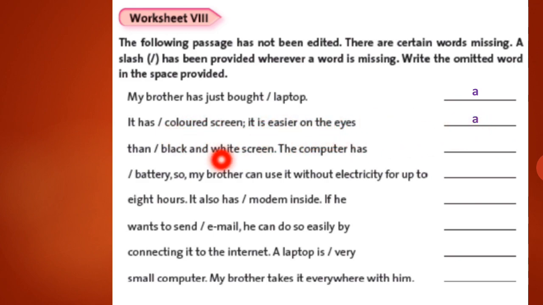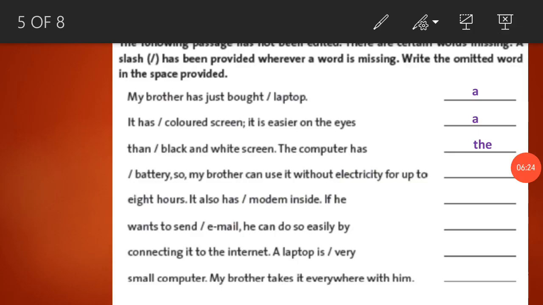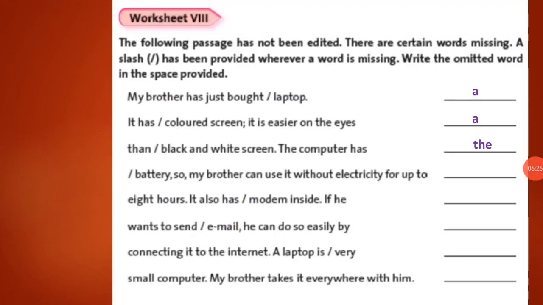It is easier on the eyes than slash black and white screen. Why am I using the here? Because it is indicating the black and white screen. It is saying about the definite thing, so the black and white screen.